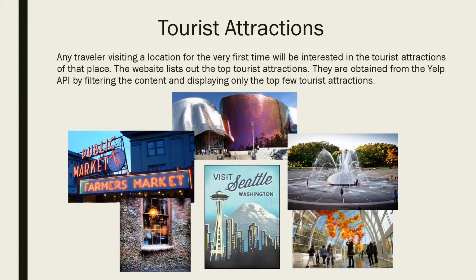Thus, we've included these tourist attractions for any location in our website. The tourist locations are obtained from Yelp. Yelp gives you the feature of finding things to do in a location. Once we get those locations, we filter them to provide only the top recommendations to the user.